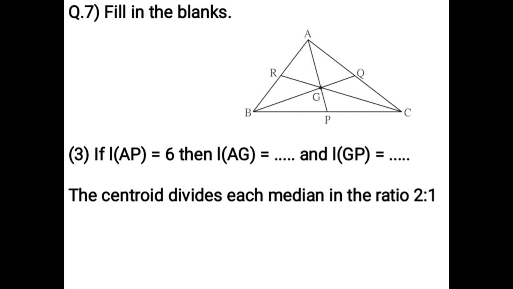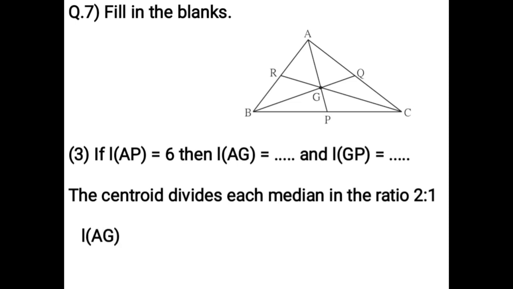So first we will write the ratio form of median AP. Segment AG is greater than segment GP. Segment AG you have to consider as 2 and segment GP as 1 of median AP. So in median AP you have to write the ratio form of AG and GP, that is 2:1.